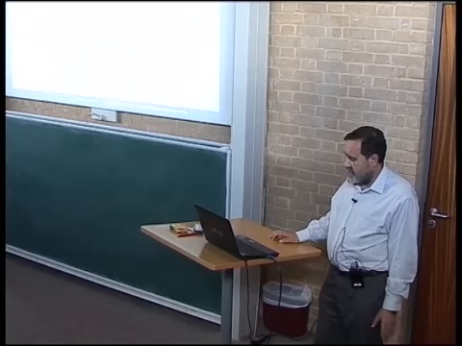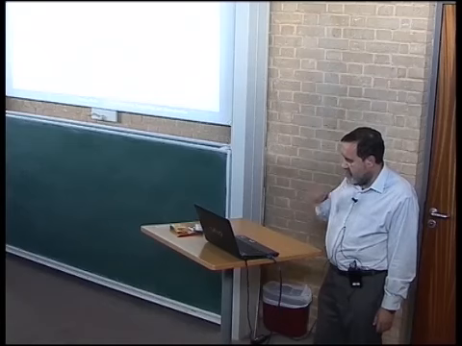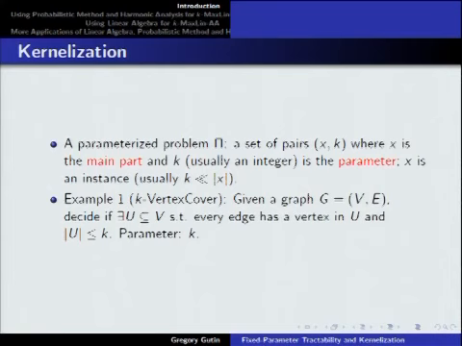Here we are given a graph, and we need to decide if there is a subset of the vertex set such that every edge has a vertex in that subset. Namely, that subset of vertices covers all edges. We want to decide if there is such a subset of cardinality at most k.